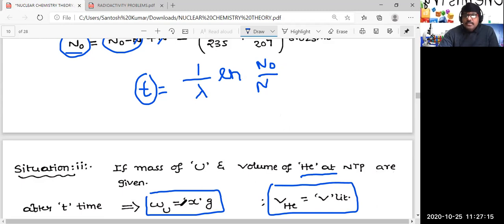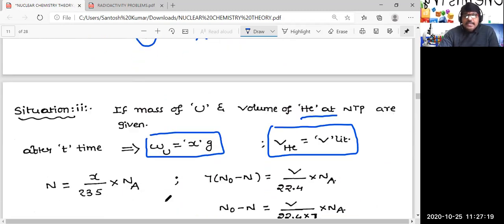Only thing is we need to find N naught, and very clear. So N is equal to the mass of uranium isotope remaining by its atomic mass into Avogadro number. And obviously that is the number of uranium isotopes remaining undecayed, right?